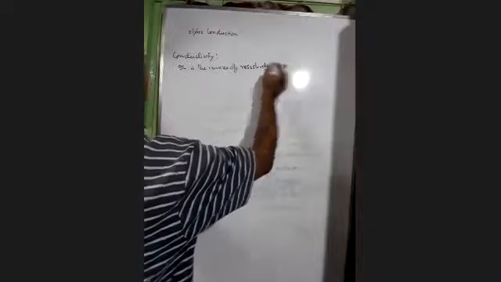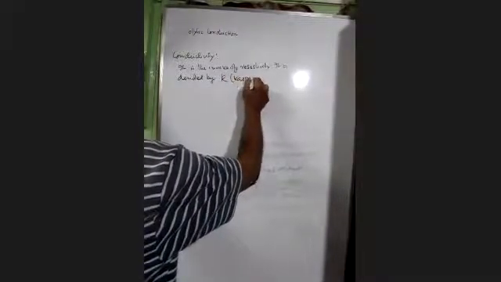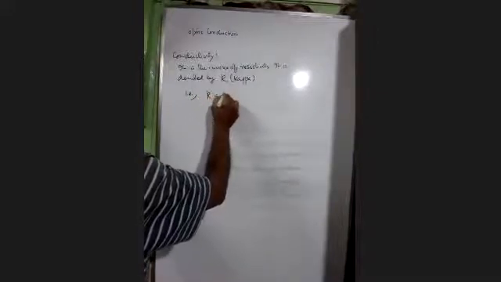It is denoted by, okay, this is not R, huh? This is called kappa. So what can we write? That is, kappa is equal to 1 upon rho.